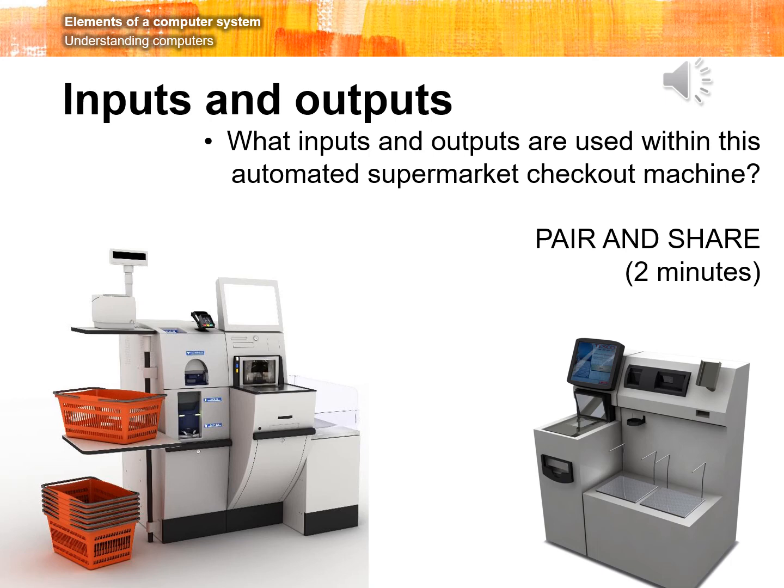So an example of an input might be that there's a weighing scales for if we wanted to weigh some fruit and vegetables that we'd bought. It's often on the little tray where we put our groceries, and you can weigh the different things. So that would be an input device because it's weighing it and then it's recording that weight and putting it into the device.